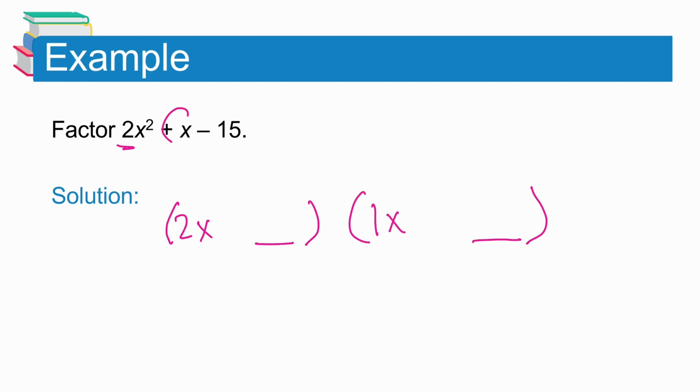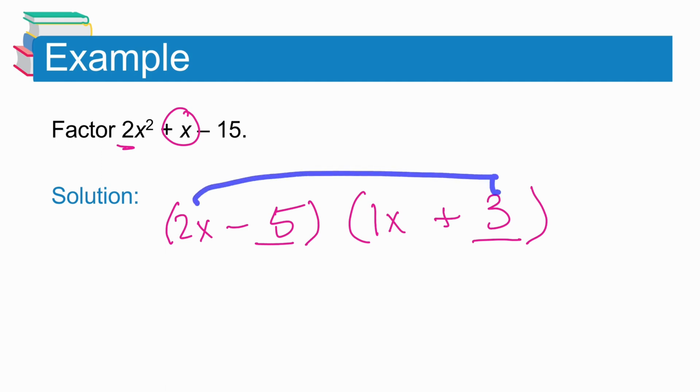And we want our middle term to be positive 1. Well, if we do 3 here and 5 here, and especially if we do this one as the positive one and this one as the negative one, then we know that our 2 times 3 is going to give us positive 6, and our negative 5 times 1 will give us negative 5.